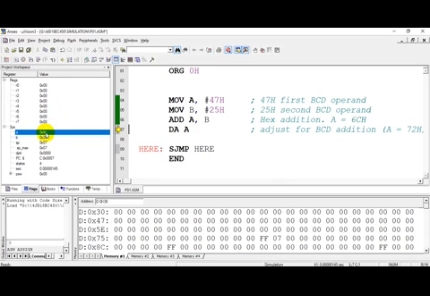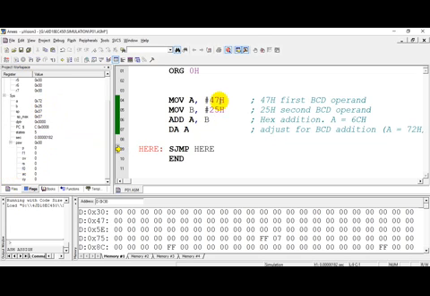After addition, you can see it is 6C. Now I will apply decimal adjust accumulator. After this, you can see the result is 72. That's what we see: 7 plus 5 is 12, 1 carry, so 6 and 7, it is 72.